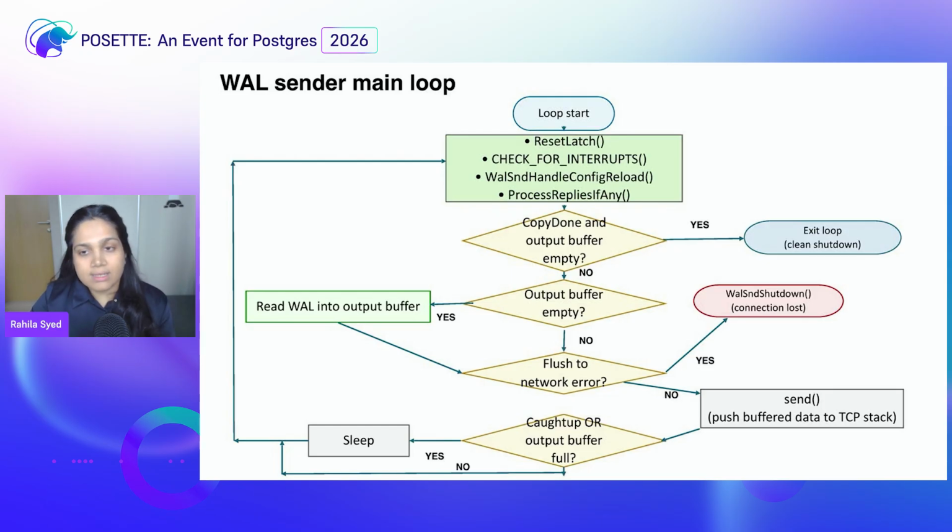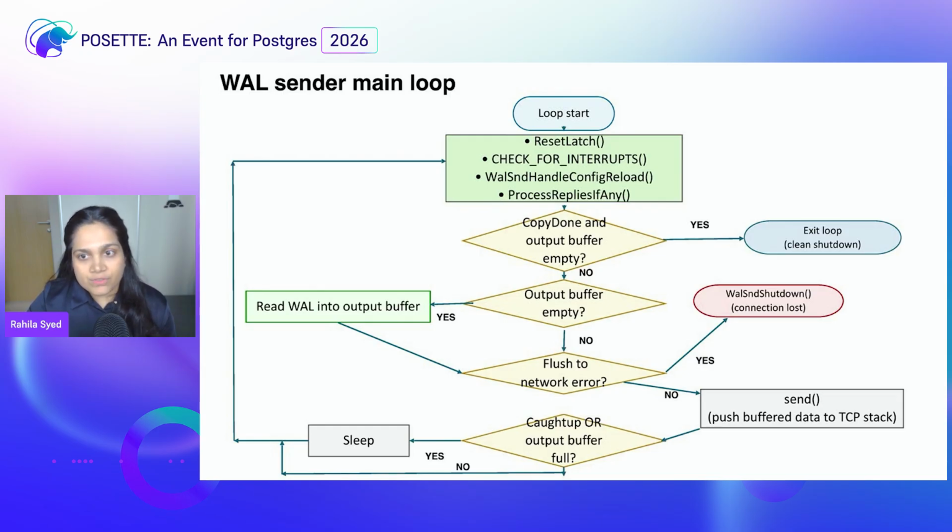As it starts, there are some housekeeping tasks happening. First, what you can see is a reset latch. Latches are used by the WAL sender to wait for the network socket to get ready. It sleeps on the latch till the network socket is ready, or till new WAL records are available in the WAL buffers to send.